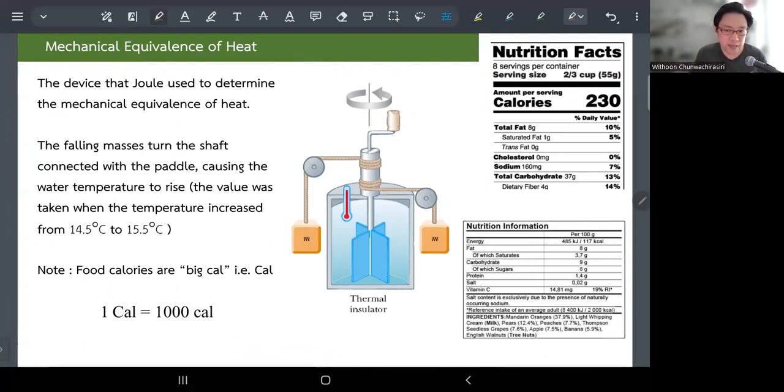People still didn't understand what energy means or what kind of connection it has with work, energy, and heat. So before Joule showed up with this experiment, they thought that heat and energy are separate things. But then this experiment just put everything to rest. This is an experiment where he drops a big mass onto the ground.